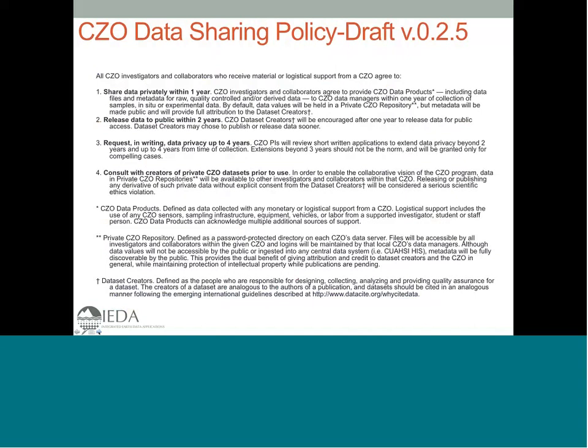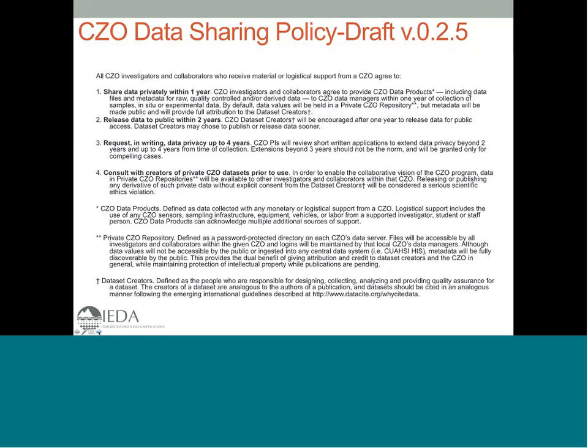This is a little bit harder to see, but it's at the same link that you saw earlier. And it has 4 main clauses. The first one is that if you're producing a data set that's considered a CZO data product, and I defined that earlier, and this definition describes it in a little bit more detail, then you're agreeing to share your data privately with other CZO investigators within your CZO within a year of collection.